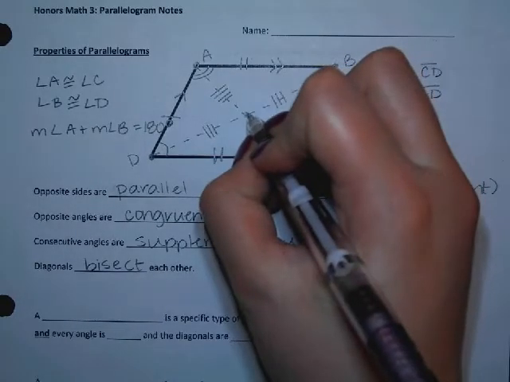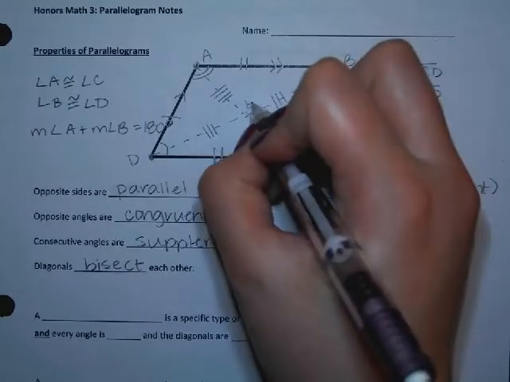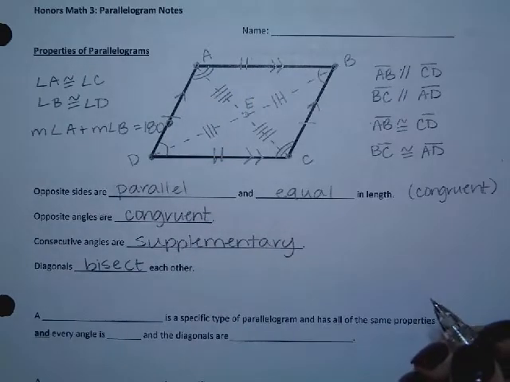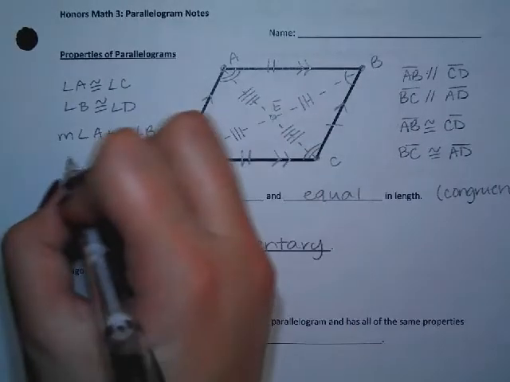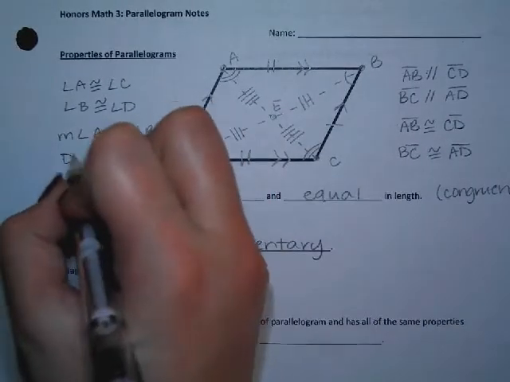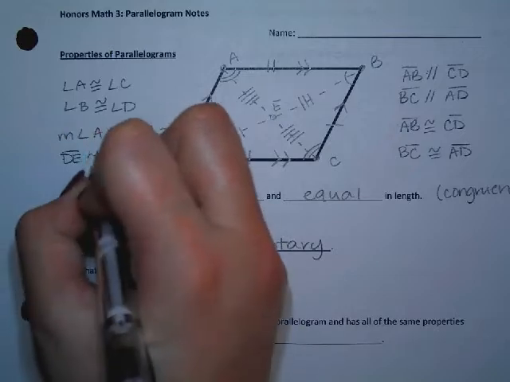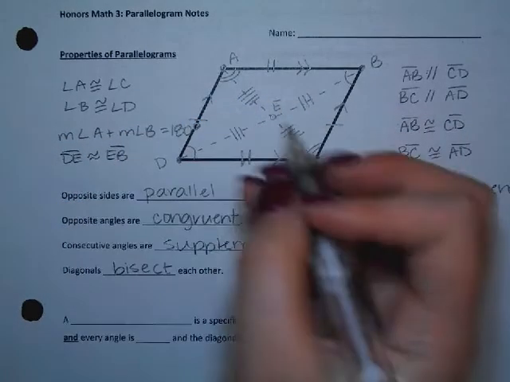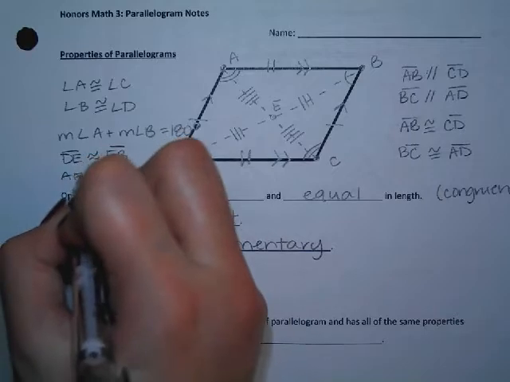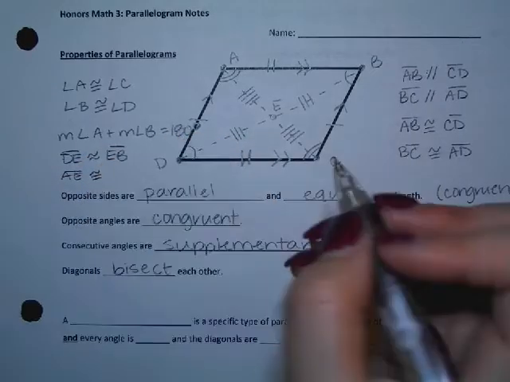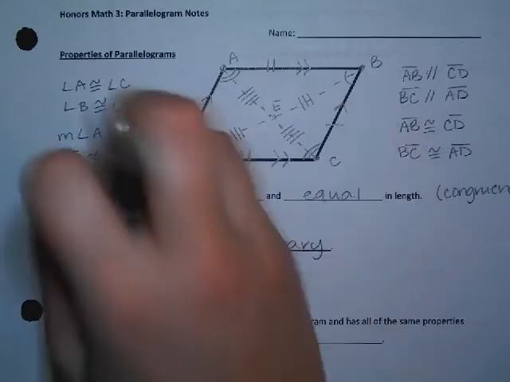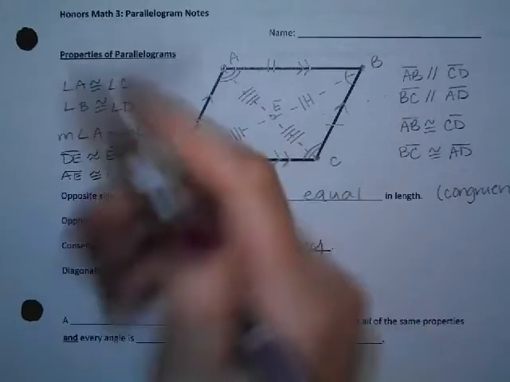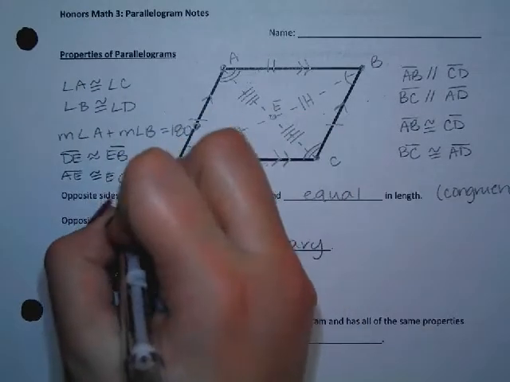So let's go ahead and call this right in here E. And so we're going to say DE is congruent to EB, and AE is congruent to EC, so they're the same length.